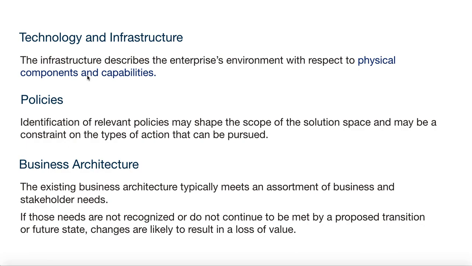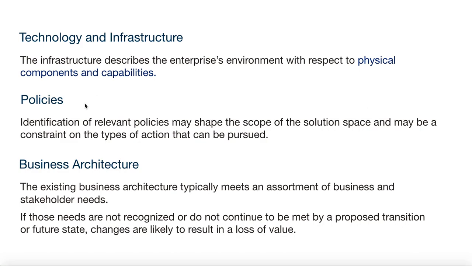For example, if the organization wants to make a change in its technology, or if it needs more capability, sometimes there's a need for adapting to new technologies and infrastructure. At that time, you need to look into your technology and infrastructure, whether it would support the change, and what is the rationale behind having the existing technology and infrastructure.